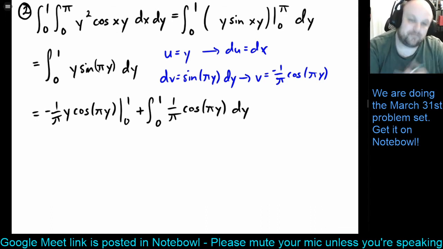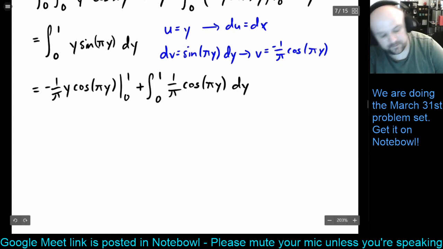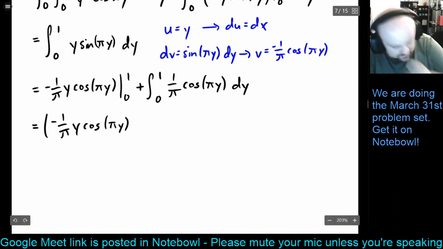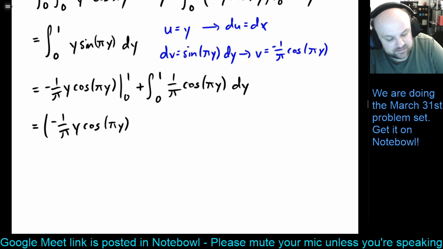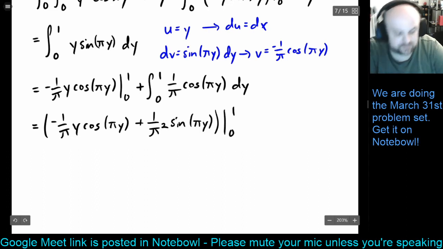Right? So instead of evaluating this part now, I'm going to integrate this and then evaluate them all together. So 1 over pi y cosine of pi y, and that part over here, integrate this with respect to y, and we're going to have plus 1 over pi squared sine of pi y. And this all goes from 0 to 1.